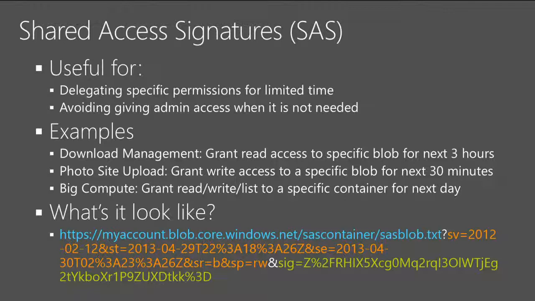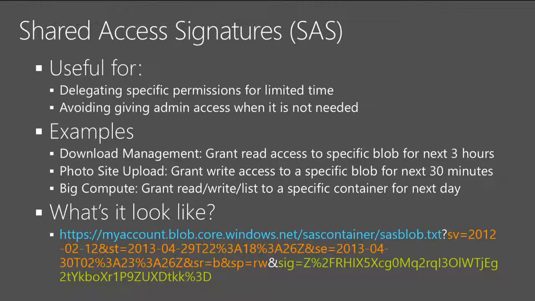A SAS can do that. You've got a photo site, you want to allow a user to write a blob without you having to proxy it all through your web server. That's another good example for using SAS. You can time-bound that to 30 minutes so they don't keep writing over and over. Big compute, you could give read-write list permissions to a container for a single day, anything like that.